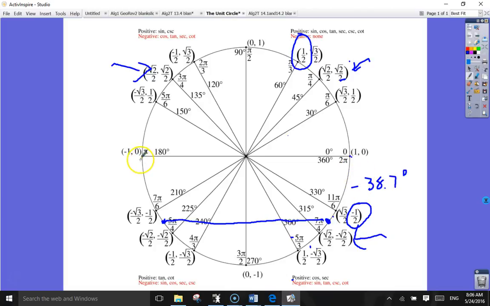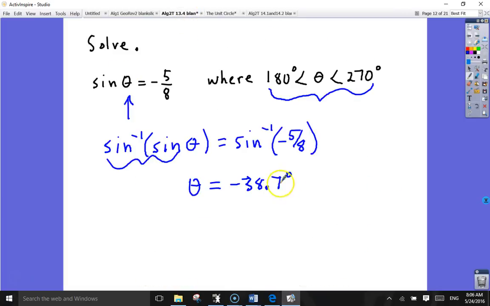So we need to go 38.7 degrees this way. We're going to take 180 and add 38.7 degrees. What do you got? 218.7, right? So the answer is 218.7 degrees.